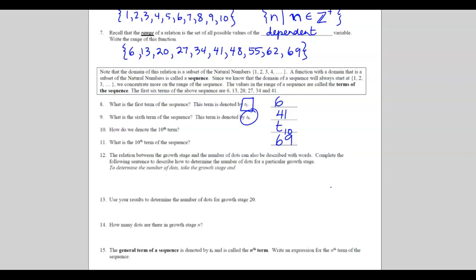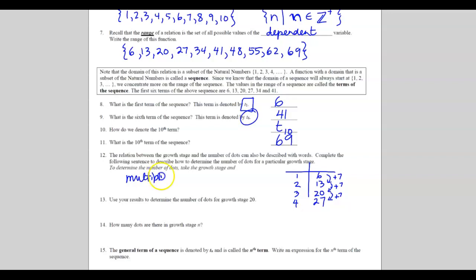So sometimes you might want to think back to Math 10, when you talked about linear functions, linear relations even. Okay, you would look at, okay, each of these are increasing by 1 each time. Each of these are increasing by 7 each time. So that means our rate of change is 7. So to determine the number of dots, we multiply.